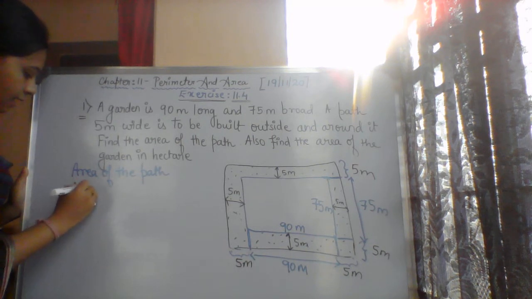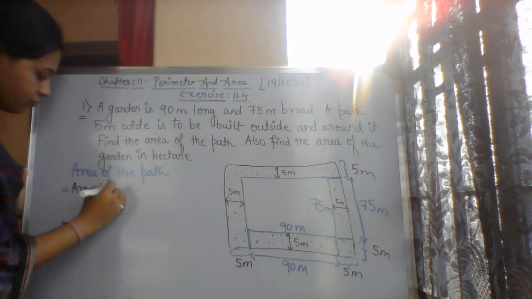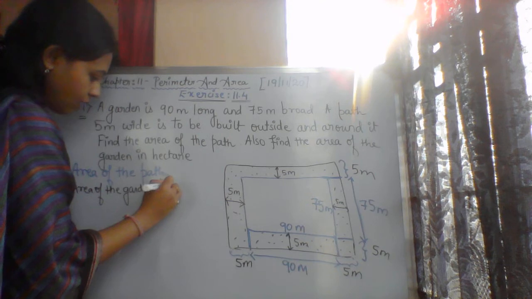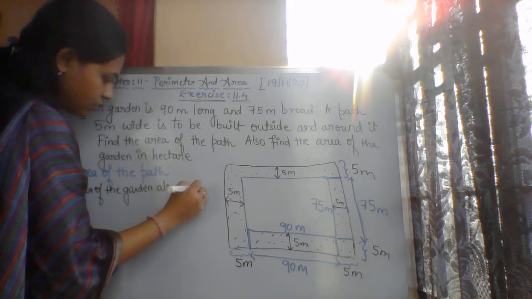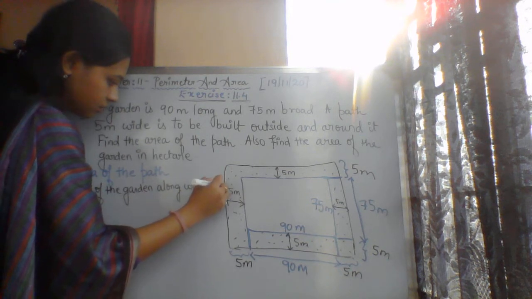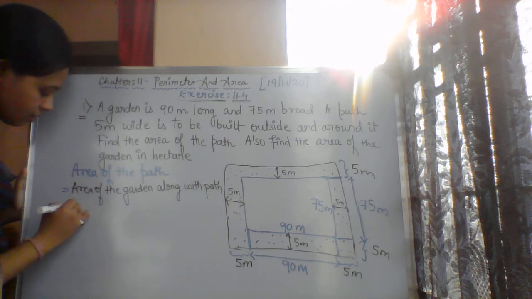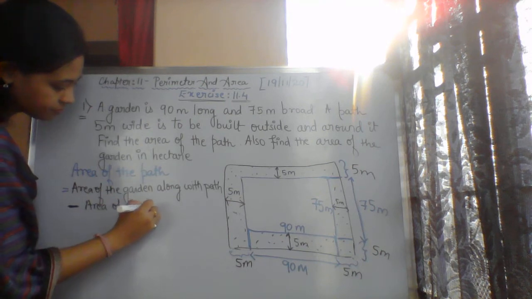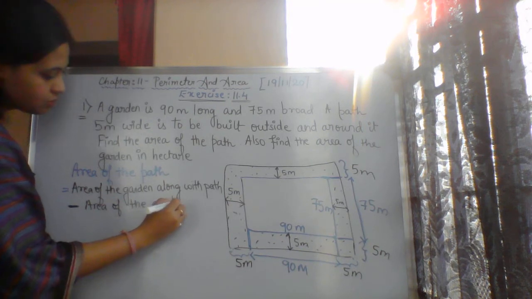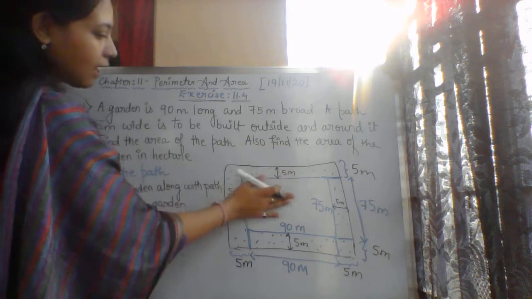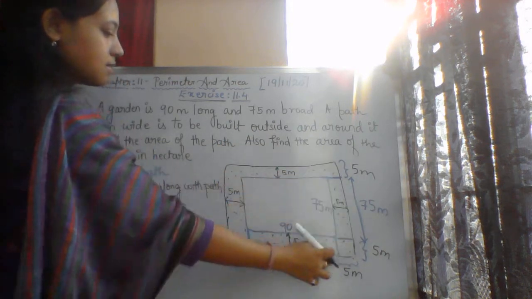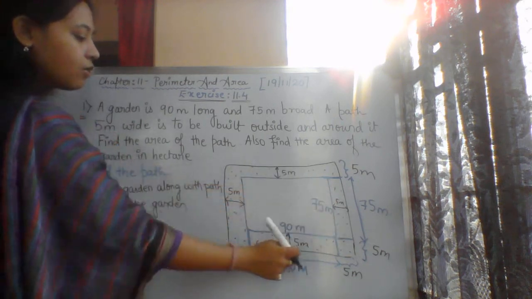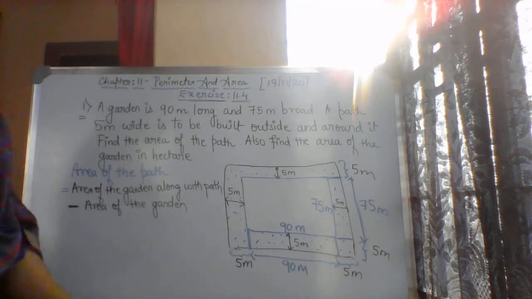It is the area of the garden along with the path, minus the area of the garden. So the area of the garden along with the path is this total area, minus the area of the garden. So it gives the area of the path. Now, you put the values.